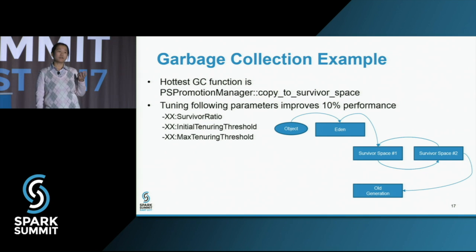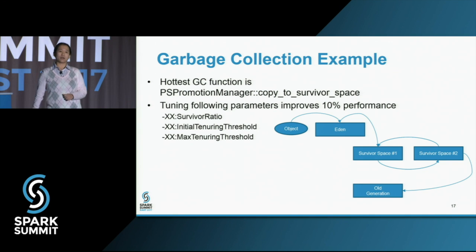And eventually, if it is really a long-living object, it will be moved to the old generation, just matured there. So this copy to survivor space really means the object being copied from the eden space to one of the survivor spaces and being copied between the survivor spaces.